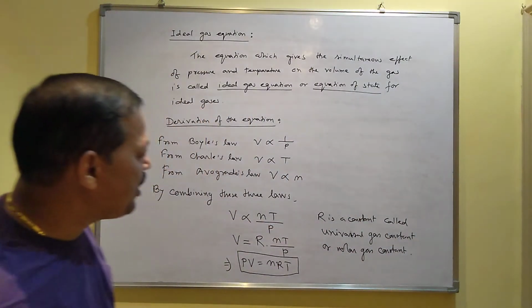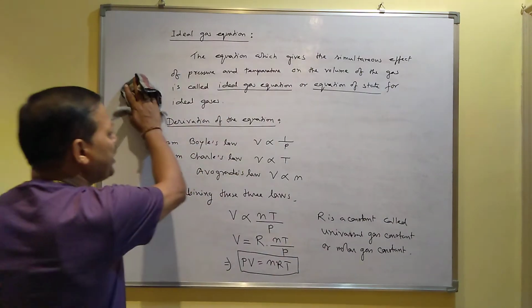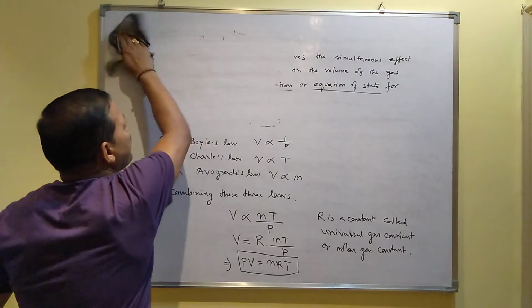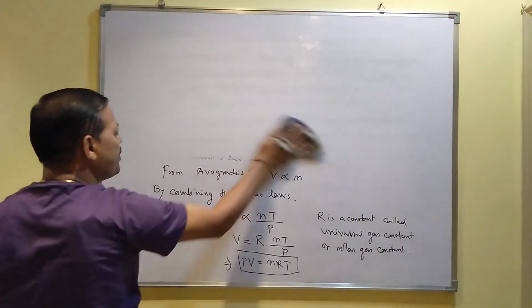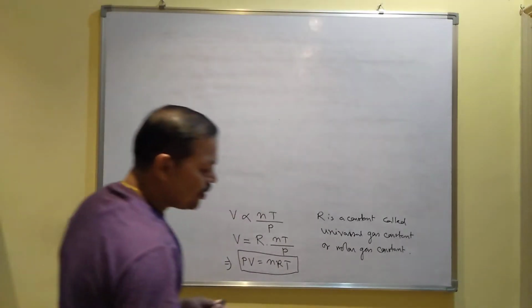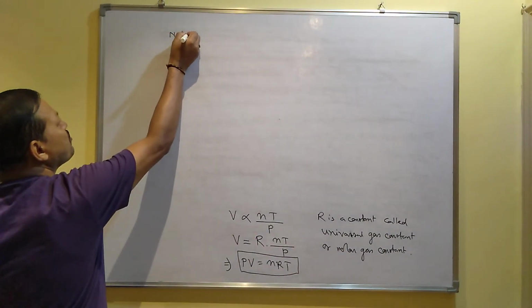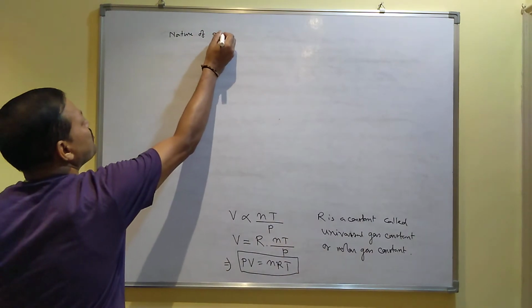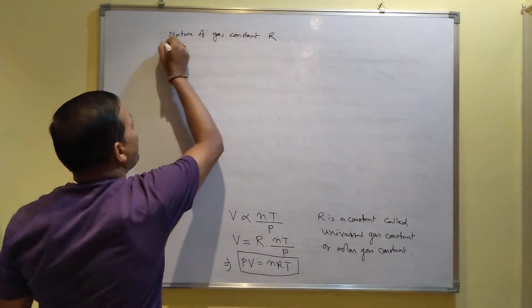So many numericals you have to do by applying this ideal gas equation PV equal nRT. Now we'll study about this gas constant R, and the nature of the gas constant R.